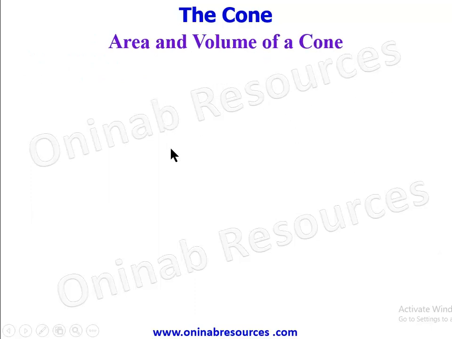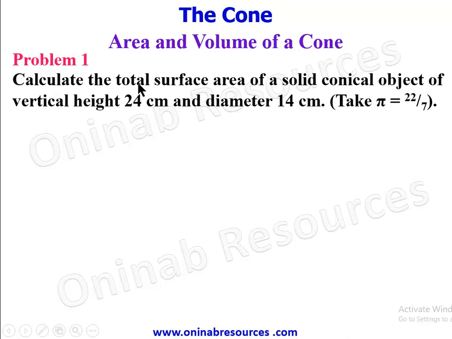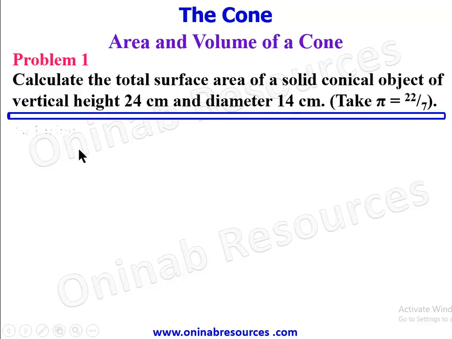So we take our first problem. Calculate the total surface area of a solid conical object of vertical height 24 centimeters and diameter 14 centimeters. Take pi equal to 22/7. So the solution to this problem, we have to calculate the total surface area.